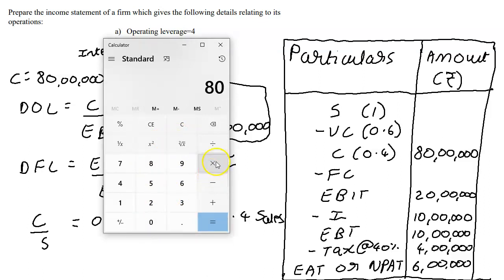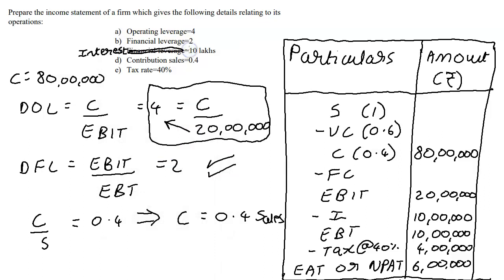80, okay, and to make it very clear, 80 lakhs, this is not localized number display, so be careful. 80 lakhs into 1 upon 0.4, okay, and we're going to end up with 2 crores.